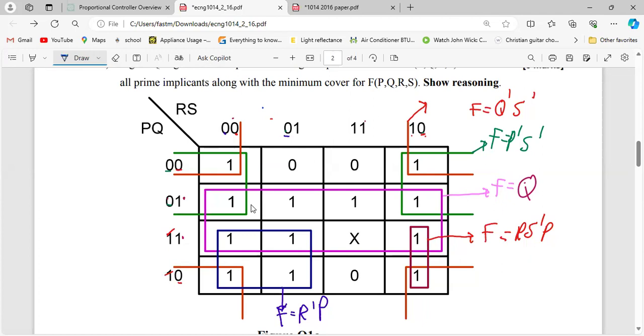Looking at the first piece, which boxes have a one that isn't covered by any other box? We clearly see that this box has a one that is not covered by any other box, and this big box here has a one that isn't covered by any other box. So we know this one here and this one here are essential primes.